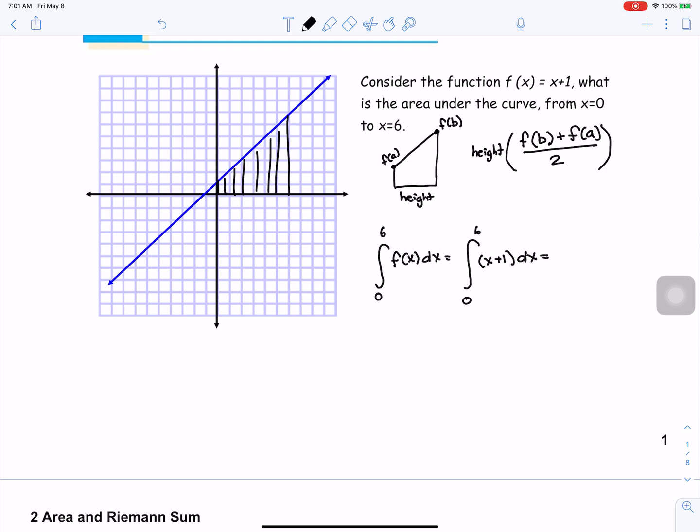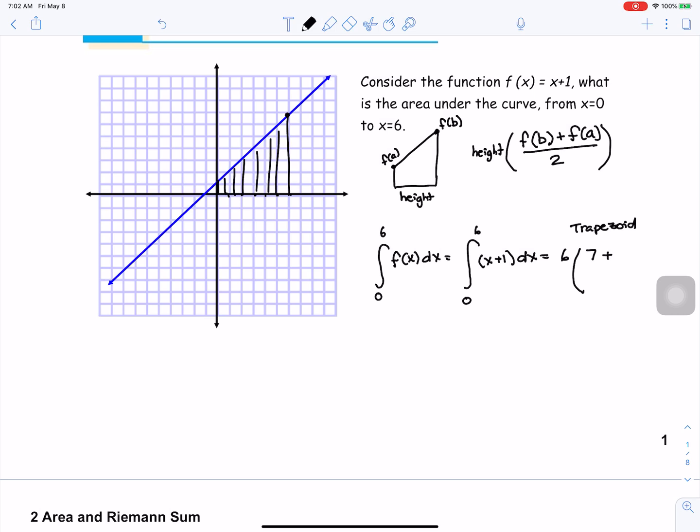And then I know in this case my area is based on a trapezoid, so I just do the area of this trapezoid. My height is 1, 2, 3, 4, 5, 6 units long, which is the 0 to 6. And then my f of b, this height, would be 7 units, because it's the x value 6 being subbed into the function.